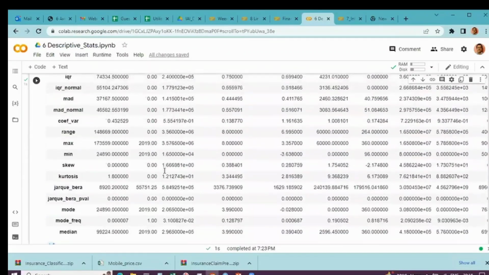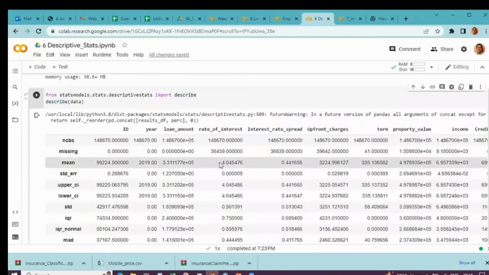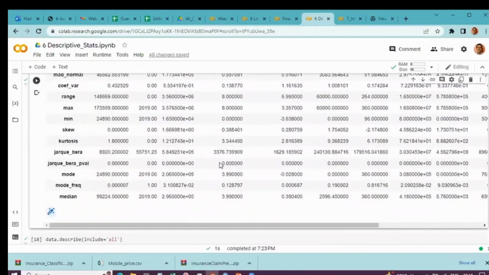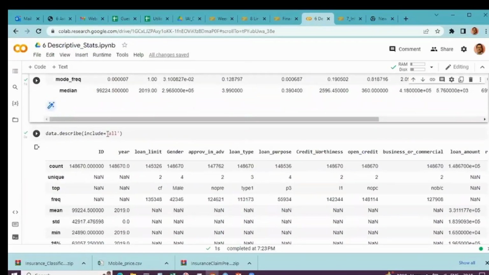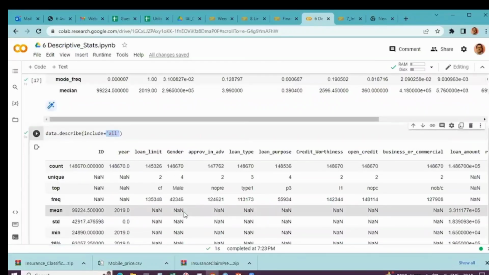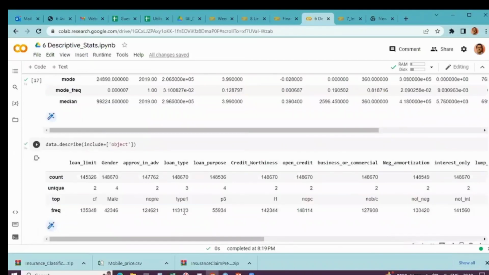So this function is working with respect to numerical columns only. But we also have some non-numerical columns, which are the categorical columns. I'll put it for a categorical column.